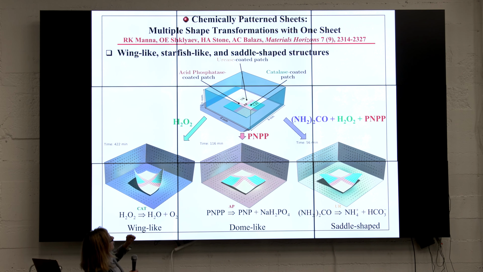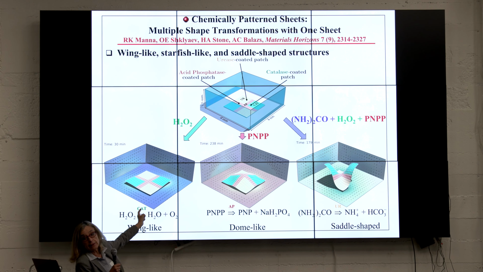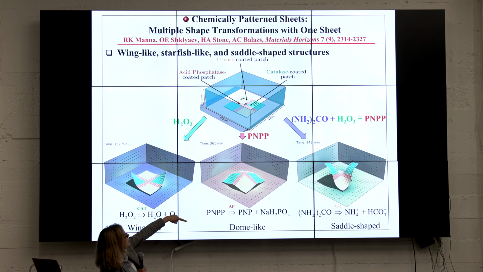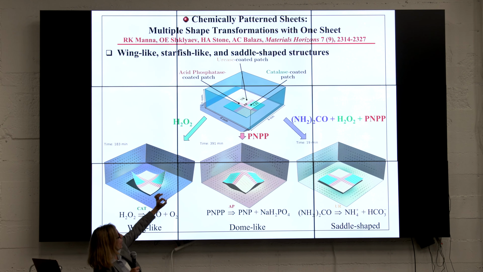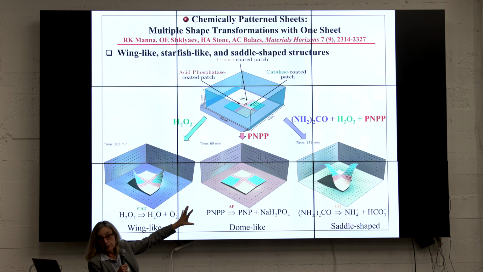I have 3 different catalysts there, and it doesn't really matter what they are, but then I add the appropriate reactant, and I only initiate catalysis on the green part, because this is hydrogen peroxide, and that only initiates catalase. Then I have another catalyst, and I add reactant, and that only initiates the reaction on the red part. And I can play the trick with coating the walls, too. So I can use the reactions on the walls as well to drive this structure formation.